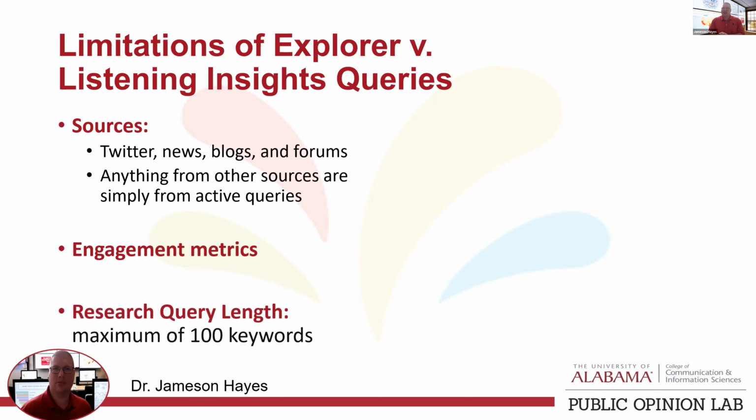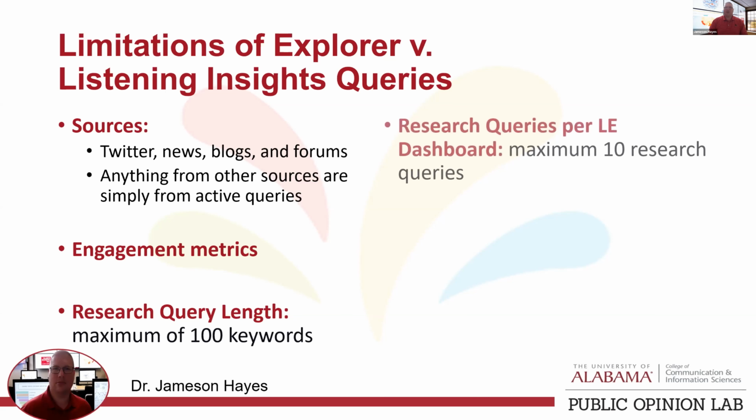There's also a difference in research query length. In Explorer, your maximum query is 100 keywords. On a project I'm going to show you here in a few minutes, we had 250 keywords because it was a very in-depth project on veteran suicide. So you have a maximum keyword length. And then in terms of your dashboard queries, you also have a maximum number of 10 queries that you can put in.